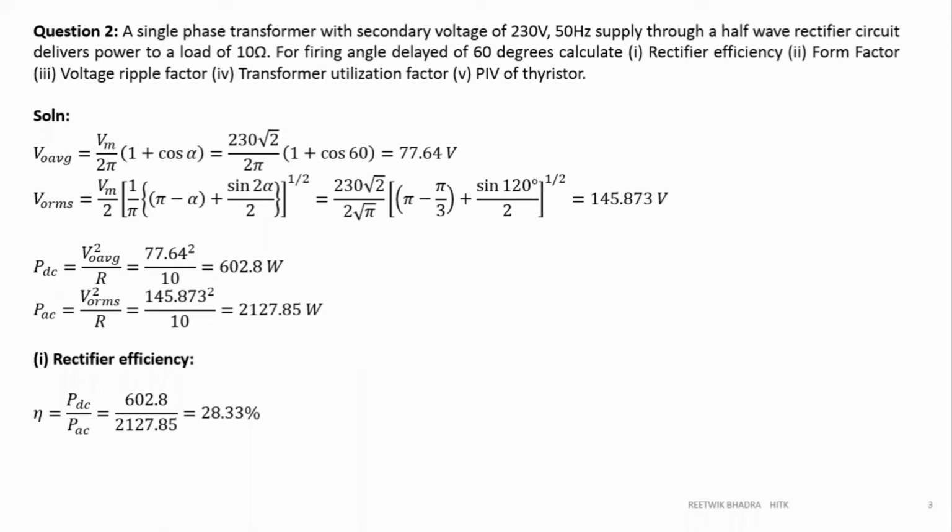What will be the rating of the thyristor? What goods you should buy from the market? What transformer you should buy? What is the rating? All these things will be given by this. So it is very important to calculate this, and these parameters come in competitive exam questions also. These are all formulas you basically have to remember.